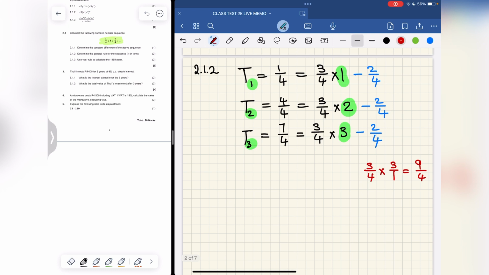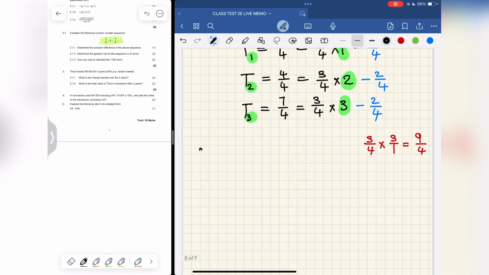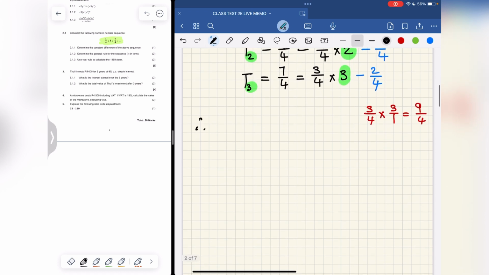So it appears that our rule is correct. We need to multiply 3 over 4 with the position and then subtract 2/4. So if I generalize this, I can say that Tn is equal to my constant difference of 3 over 4 multiplied by the position n, minus 2/4, and I will be able to calculate any term in that sequence.